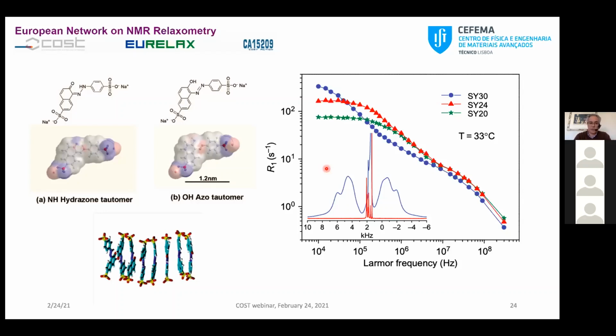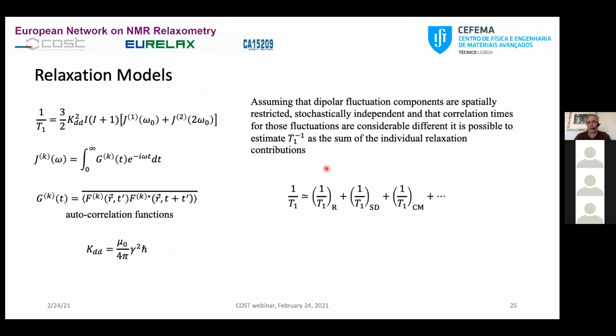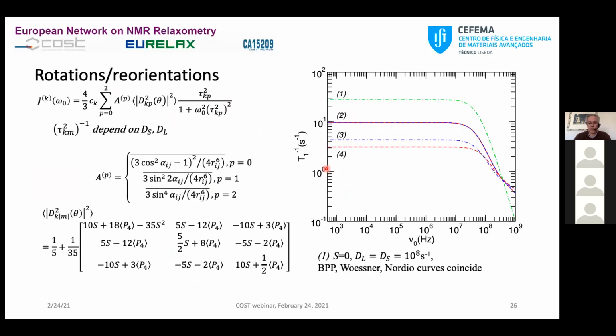So in my opinion, it's also nice if we are able to have a model that is able to correlate some of the parameters that we can extract from the analysis of the NMR data with other properties that we can obtain from independent measurements other than the NMR. So for the relaxation model, we always have to consider rotations of the molecules. That is clear.